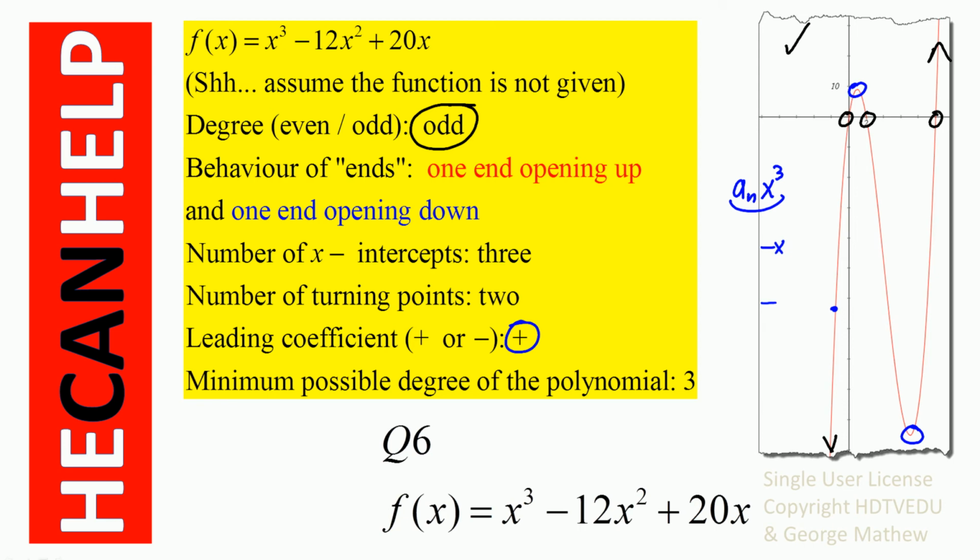It is positive. So what is the leading coefficient? It is positive. Leading coefficient is positive. No question about that. Minimum possible degree of the polynomial, it is 3. Why? Because we have 2 turning points. One end is pointing up, one end is pointing down.